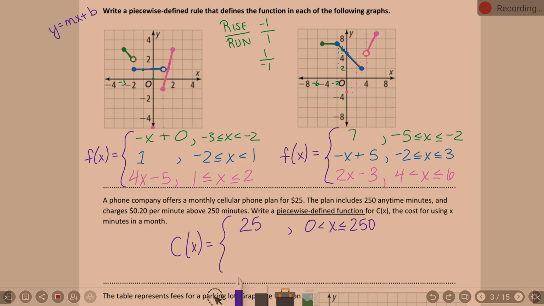Because if you have the phone plan, even if you don't use any minutes, you're still paying for the phone plan, aren't you? But some people would argue, well, if I don't use any minutes, then I don't have to pay anything. But I don't think that's really how it's set up.